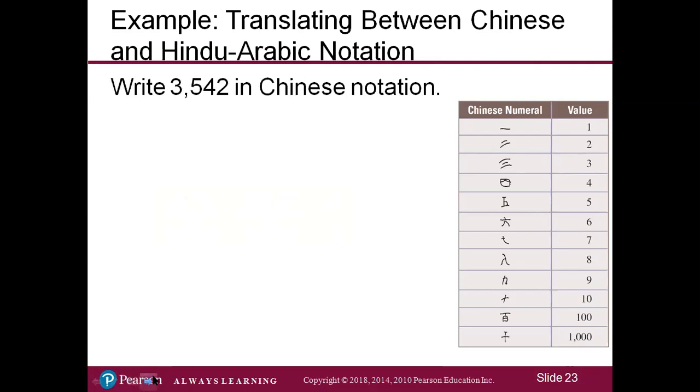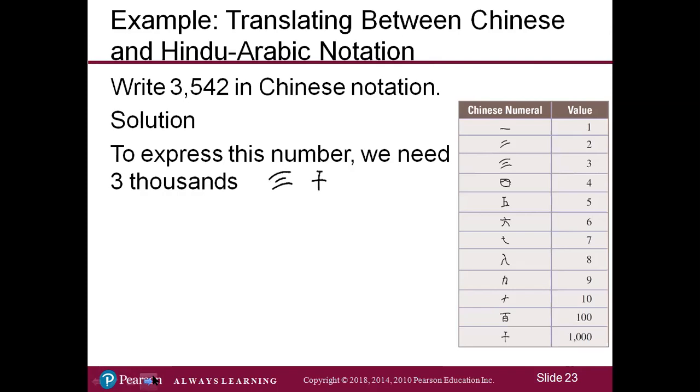Write 3,542 in Chinese notation. So we would have 3 bars for our coefficient of 3 times 1,000. So it looks like a cross with a top, right? Or a capital T combined with the lowercase t. Now we need our 5 for our coefficient and 100 for our base 10 number.